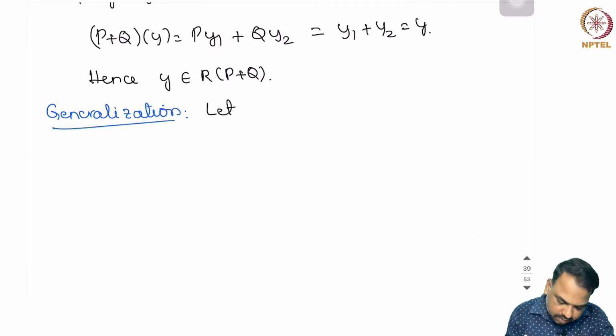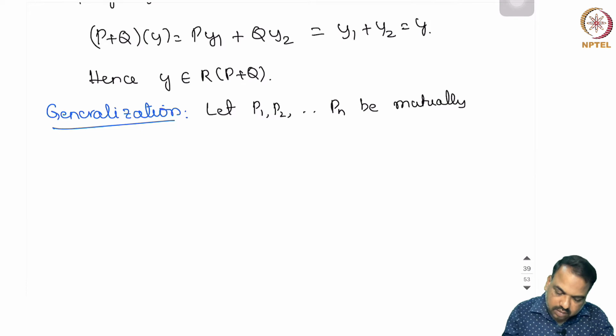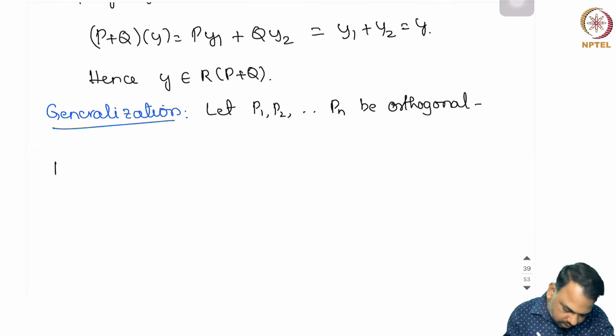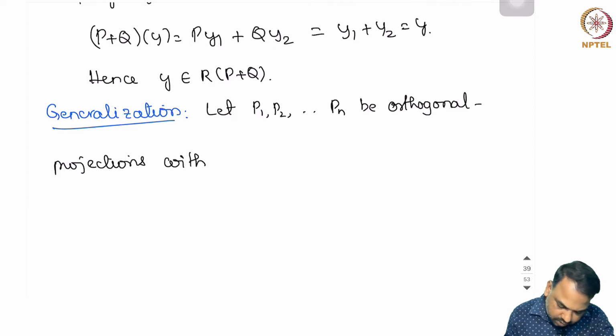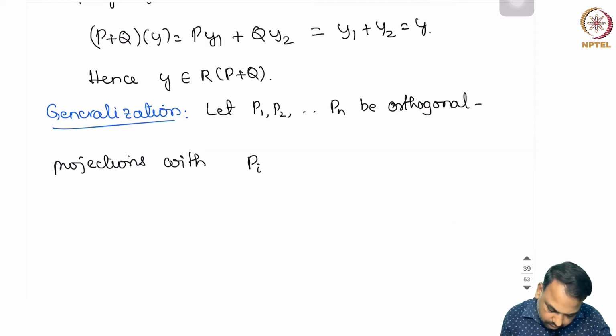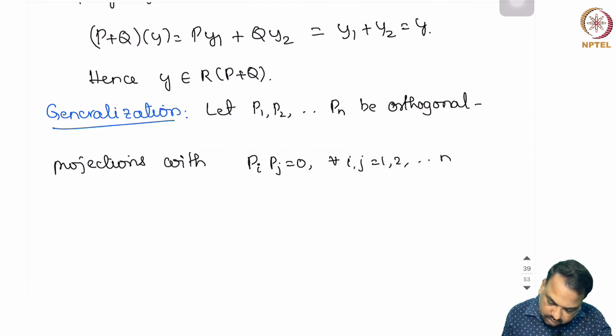Let us take P1, P2, up to Pn mutually orthogonal, or we can say orthogonal projections, with PiPj equal to 0 for all i, j equal to 1 to n and i not equal to j.